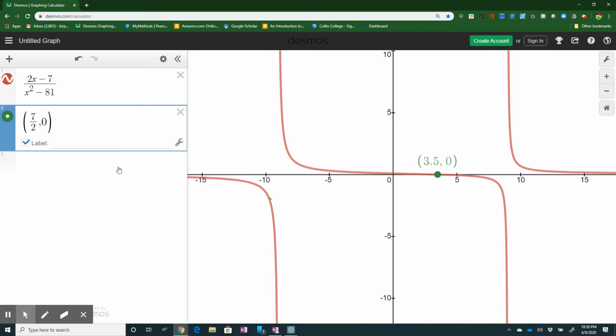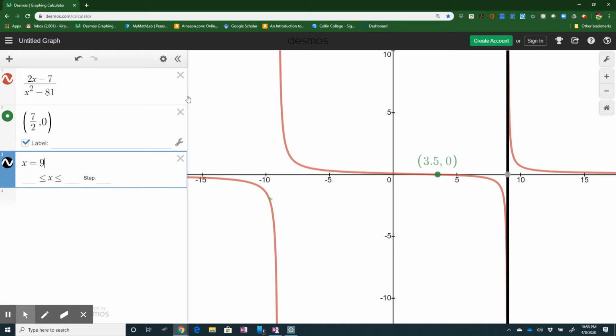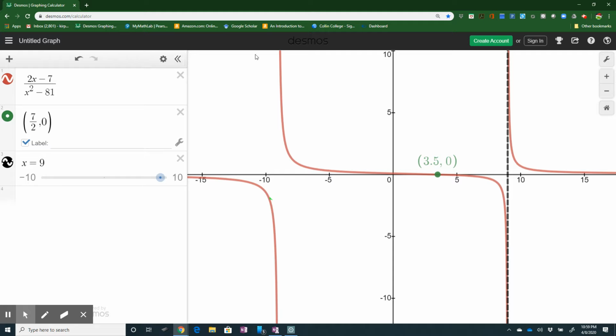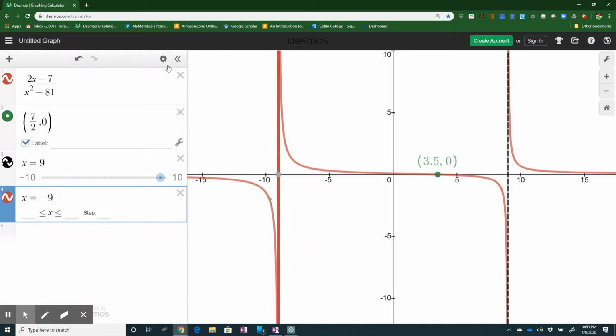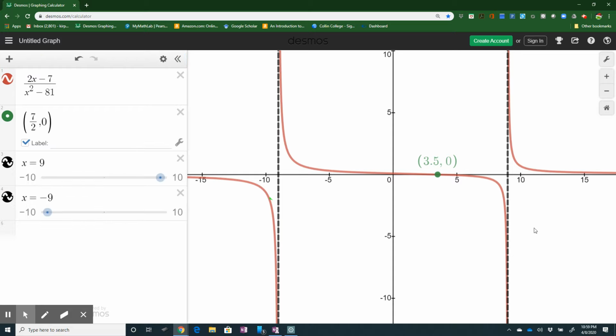The vertical asymptotes were at x equals 9, and the other one was at x equals negative 9. So all you're doing is figuring out all this information without graphing it. I'm graphing it to show you that it worked, but you can find all this information without graphing it. And that's the whole point of this section.